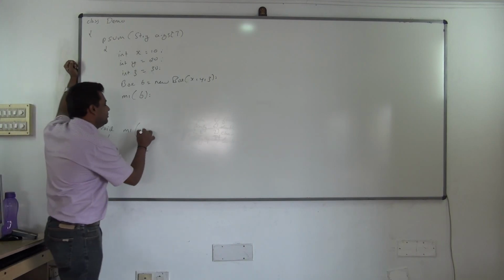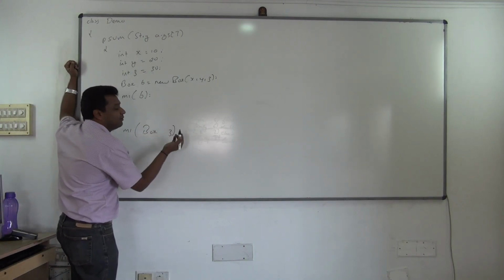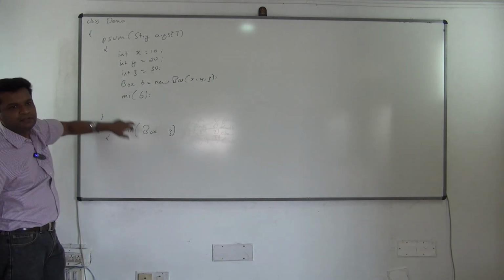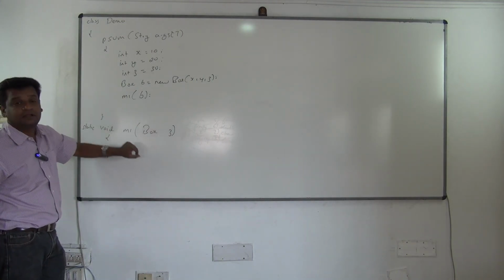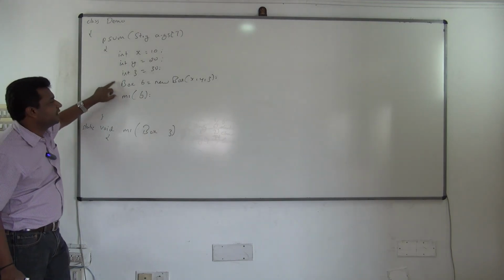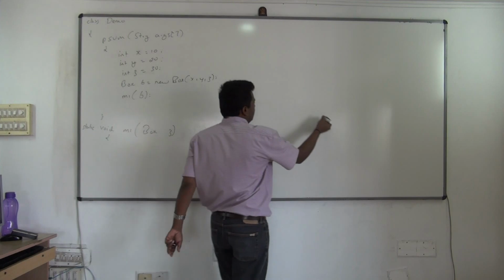Understood? And here what will be the parameter? No parameter headache, only one parameter is there. So put all the values into a user defined data type and send it. But here how will it work? Call by reference will work. Here, when you created the object, there is an object called Box now.